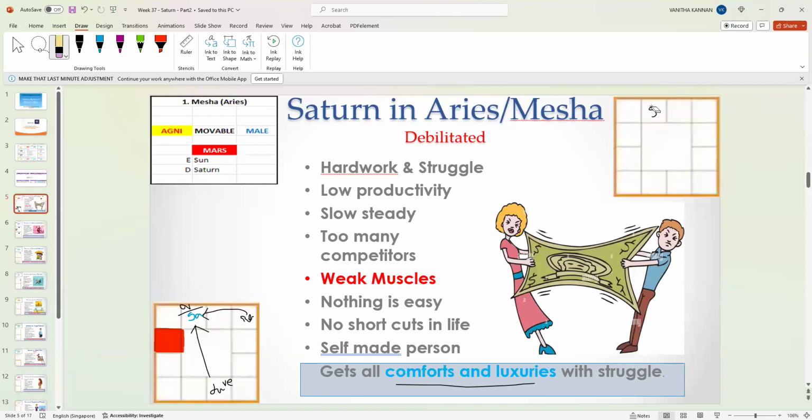Tula lagna. Confirm. Tula lagna. And Saturn was in Mesha, right? So it is the seventh house, and the seventh house is not so powerful.